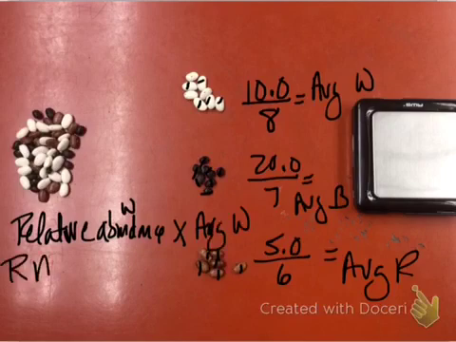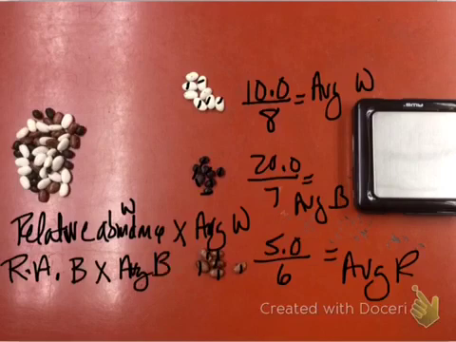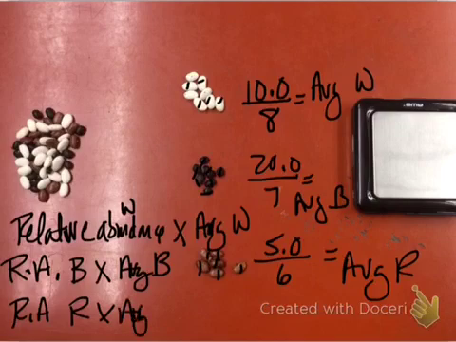Relative abundance of black times the average mass of the black. And the relative abundance of the red times the average mass of the red. So that's going to give me 3 mass contributions.